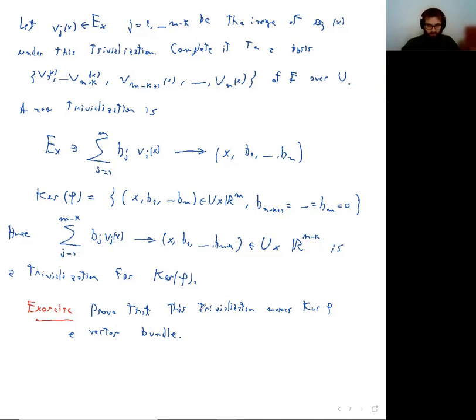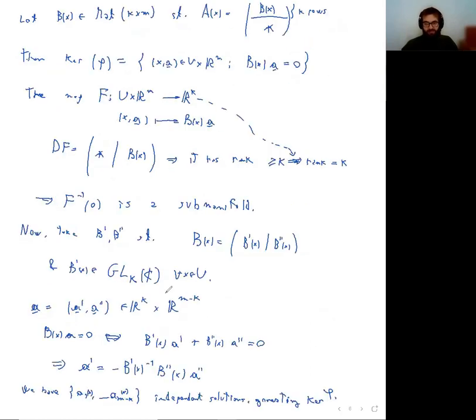So any questions about this? No? Okay. Well, it's good. If you forget about X, this is just linear algebra basically. And the only times where you have to remember about X is when you have to prove that everything depends smoothly on X. At some point you have to say it.